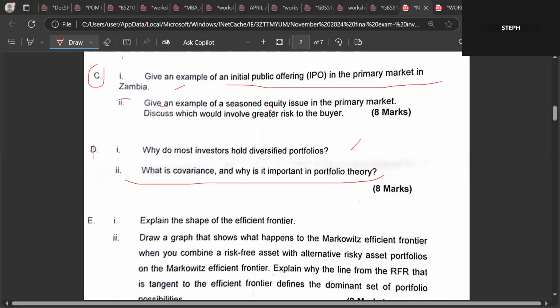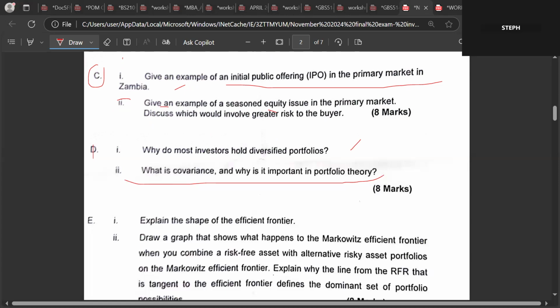Are we okay so far with the definition? Maybe you may just repeat it, sir. Yes, so covariance is a measure that indicates the degree to which two asset returns move together. A positive covariance would signify that two assets are moving in the same direction. So when one asset's returns increase, the other does the same thing, and when it decreases, the same thing.